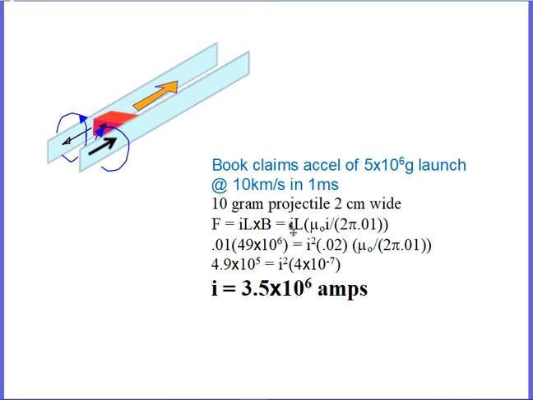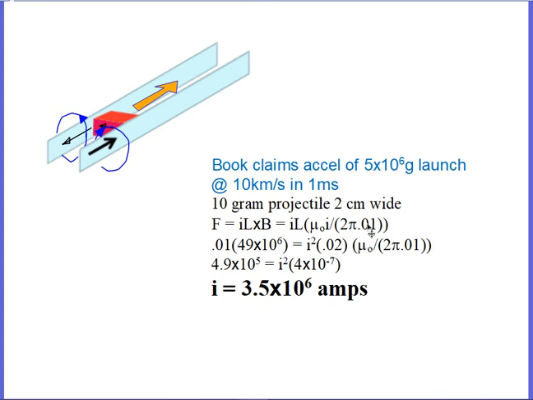But this B is going to come from the same I, but here in these rails, so I'm going to do Biot-Savart to get what that magnetic field would be.